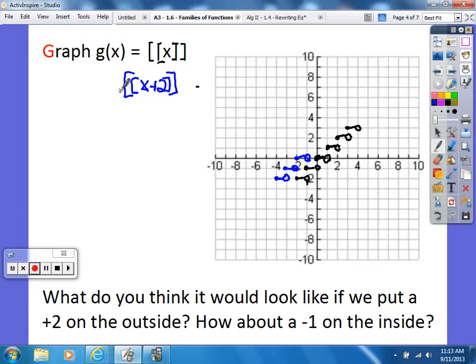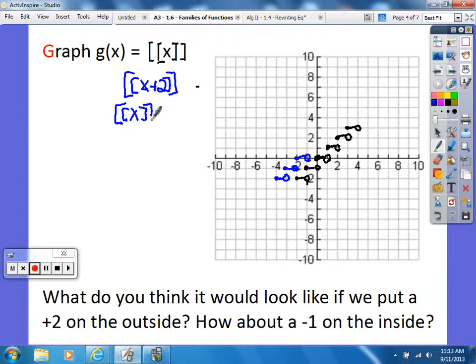That's actually when I'm going to add numbers in front of the X. And we may talk about that eventually, but not today. What does the -1 do? And, oh, I said +2 on the inside. What would a +2 do if it was on the outside? Move it up or down, okay.